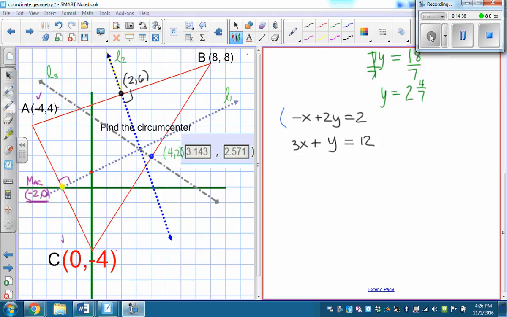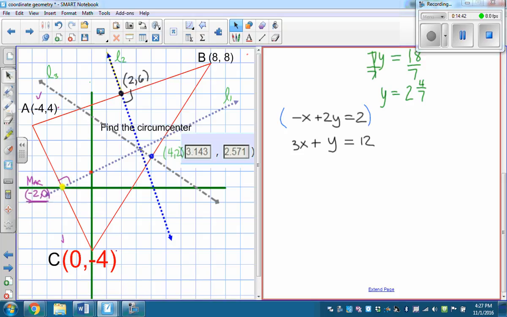So that means I'll multiply the lower equation by negative 2, to eliminate y.